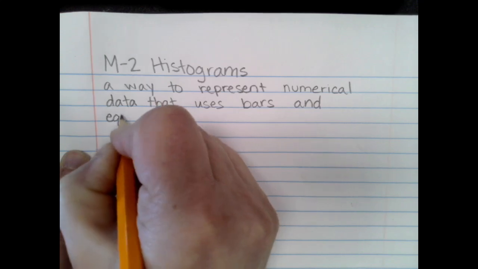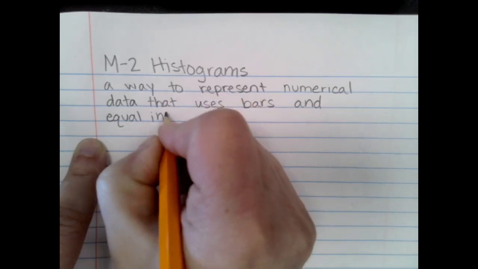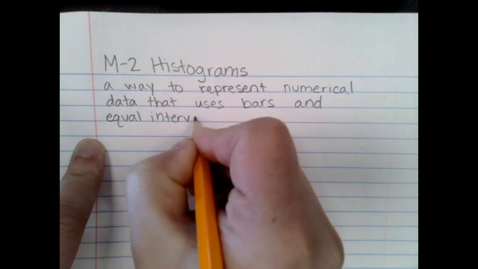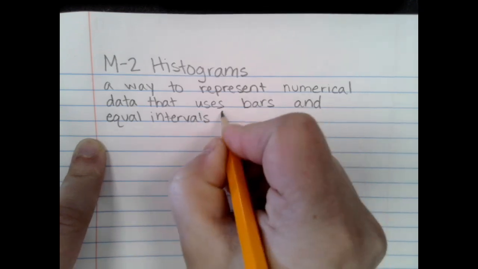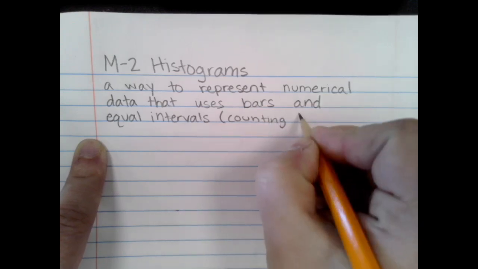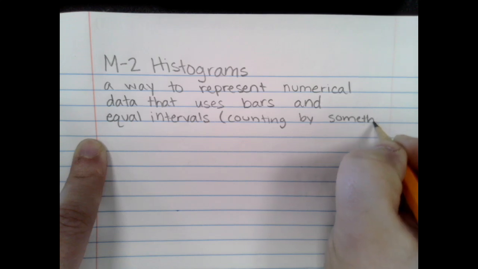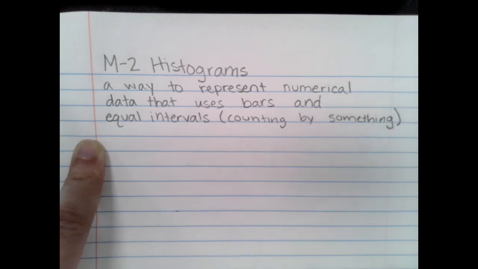By equal intervals, we're saying that we're counting by something. Okay, so that's kind of a long definition, so make sure you get that written down.